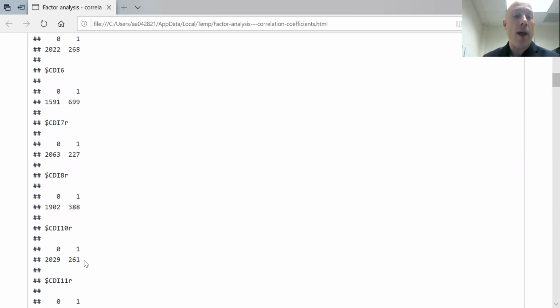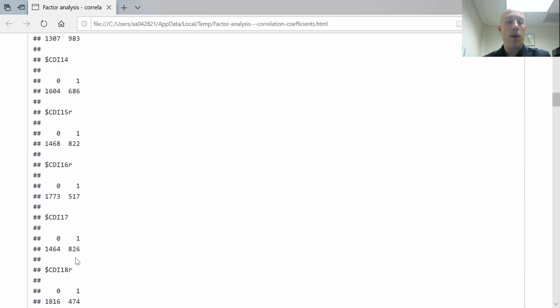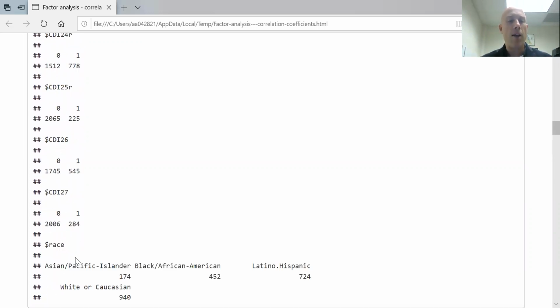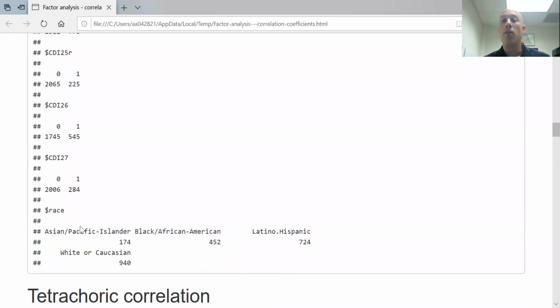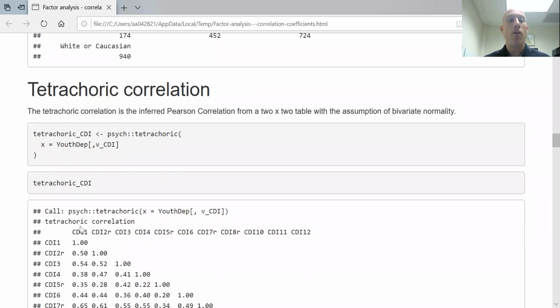So in the original data, it was less than or equal to 261 for the number of ones, and there were about 27 CDI columns. Race is included in the data set, but we're not going to use race in this example.